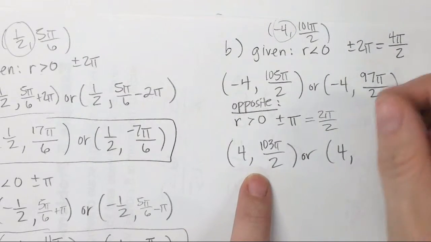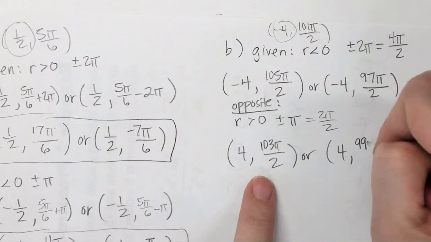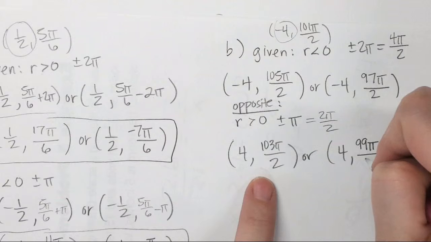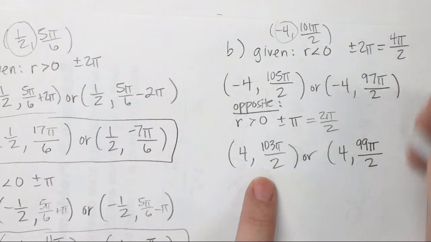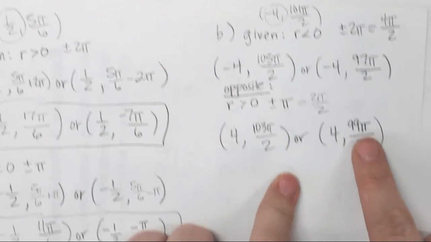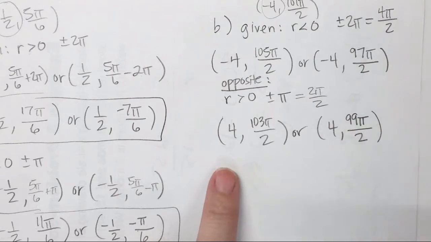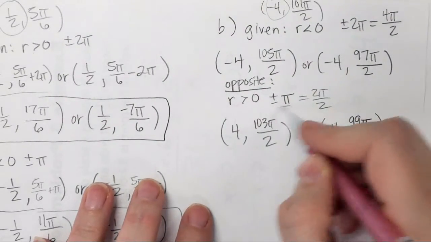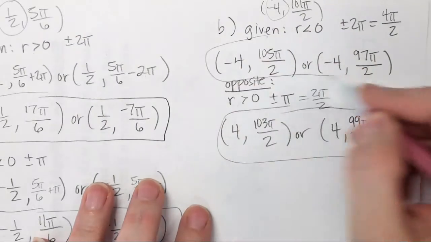Okay, and then if you subtract, we got 99 pi over 2. Oh, I get it. Okay, so these are your other 2 values here.